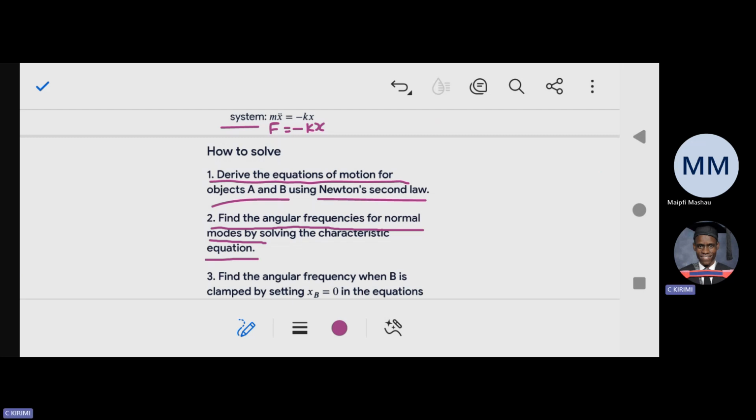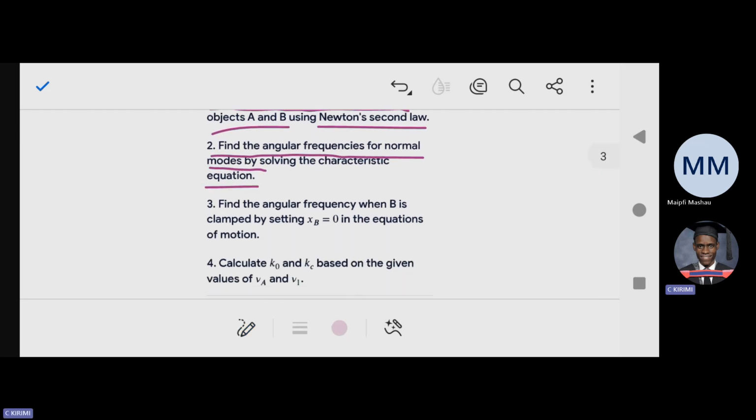So that's what we'll be doing. Then you solve for the angular frequency. Then the third part is to find the angular frequencies when B is clamped, by setting xB equals 0, which means it's not moving, in the equations of motion.